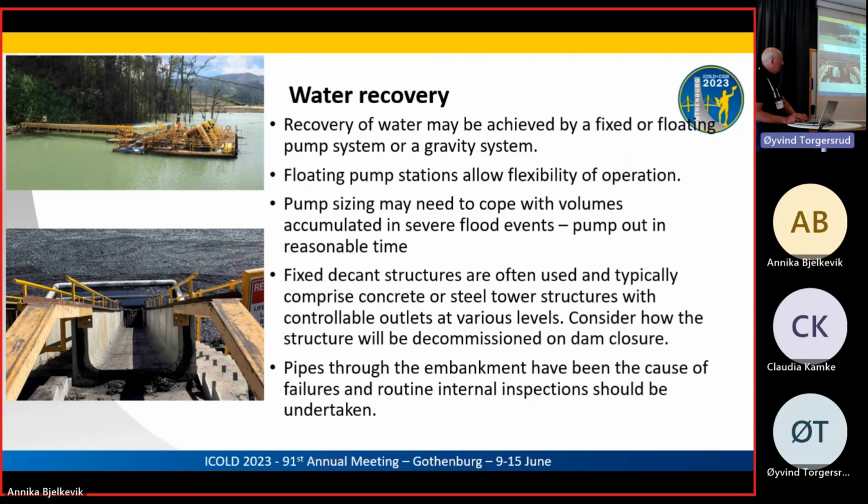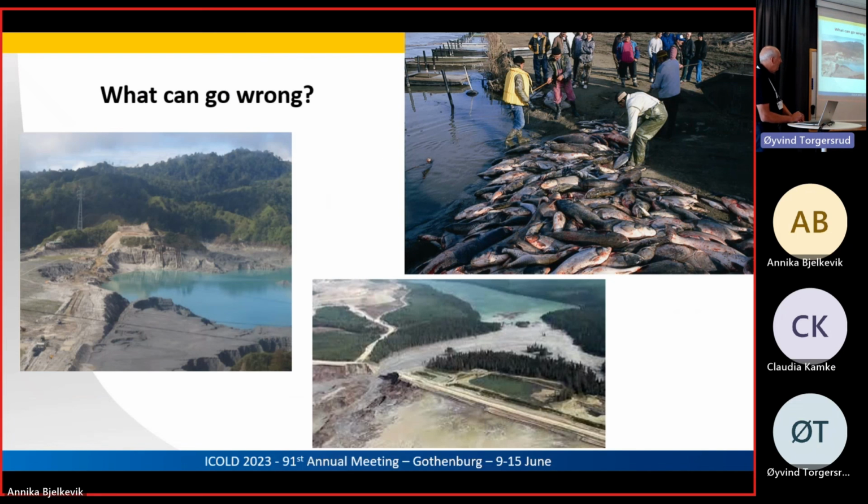You need to be careful if you've got pipes through embankments, as they have been the cause of some failures. What can go wrong? This left-hand picture is a pretty interesting one from a dam in the Philippines. That's a huge sinkhole that developed when the decant structure failed. So this is a structural failure mode, and you probably can't see, but at the back here there are some concrete structures going down into the water.